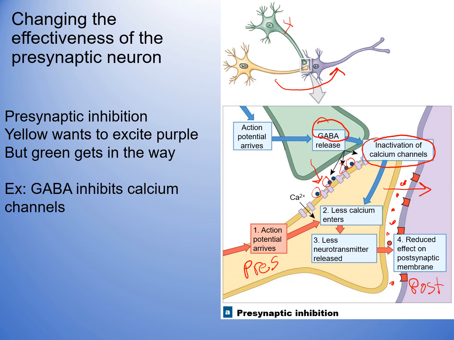This neurotransmitter here, GABA, is a neurotransmitter in your brain, and yes, it inhibits calcium channels. Certain drugs can increase GABA in your brain. And what it does basically is it stops action potentials from getting from one place to another. So GABA is like an inhibitory neurotransmitter, which alcohol influences.